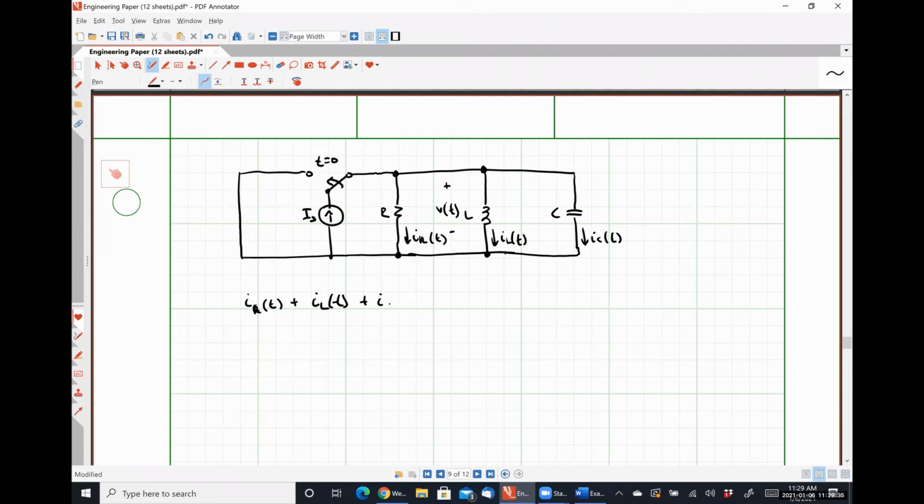And you've already taken notes on this when we were setting this up, so you can just pay attention for a minute because all of this has already been covered. So this gives, let's see, I is V over R. So we have 1 over R times V. Let's see, the current through an inductor in terms of the voltage is, or sorry, the voltage drop over an inductor is going to be L. No, that's not right.